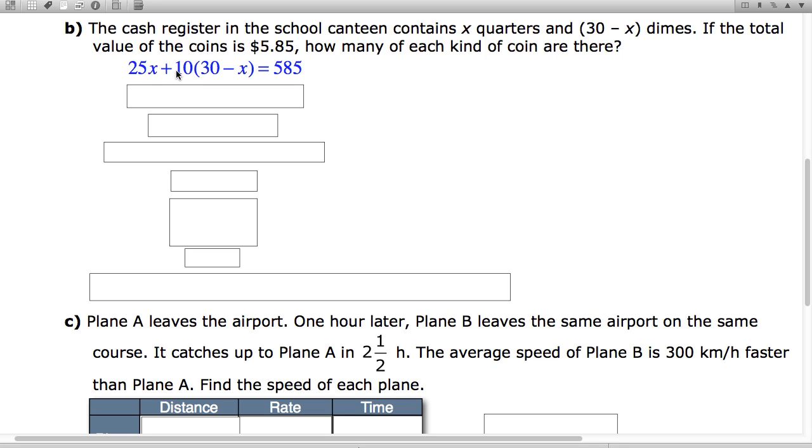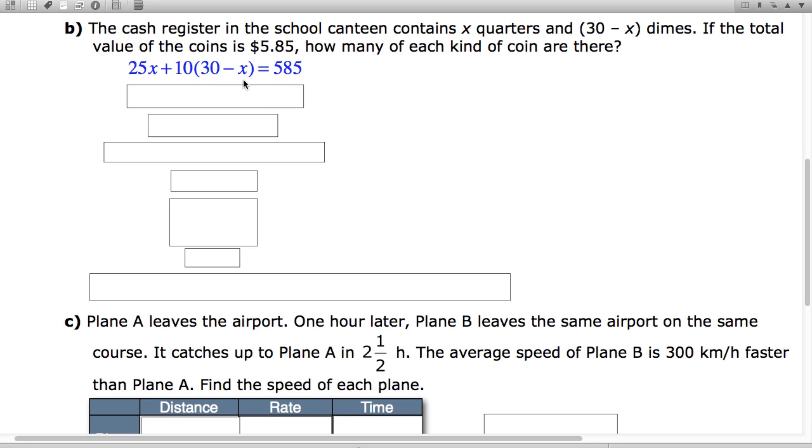And I'm going to add on 10 cents a piece for dimes times the number of dimes, and that'll be the total value of the dimes. If we add the total value of those 2 types of coins together, we're supposed to get 585 cents. That's $5.85, just written in cents. So there we have our equation.